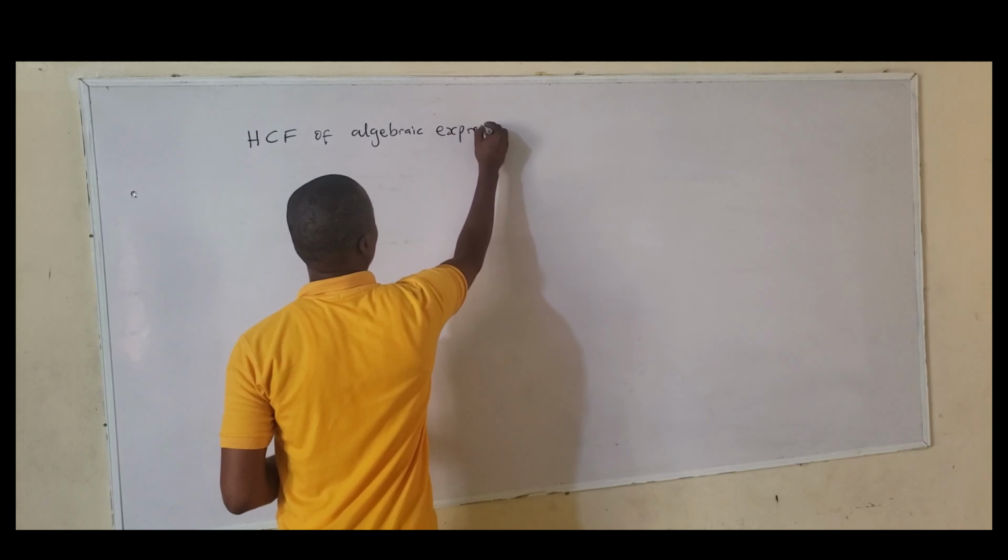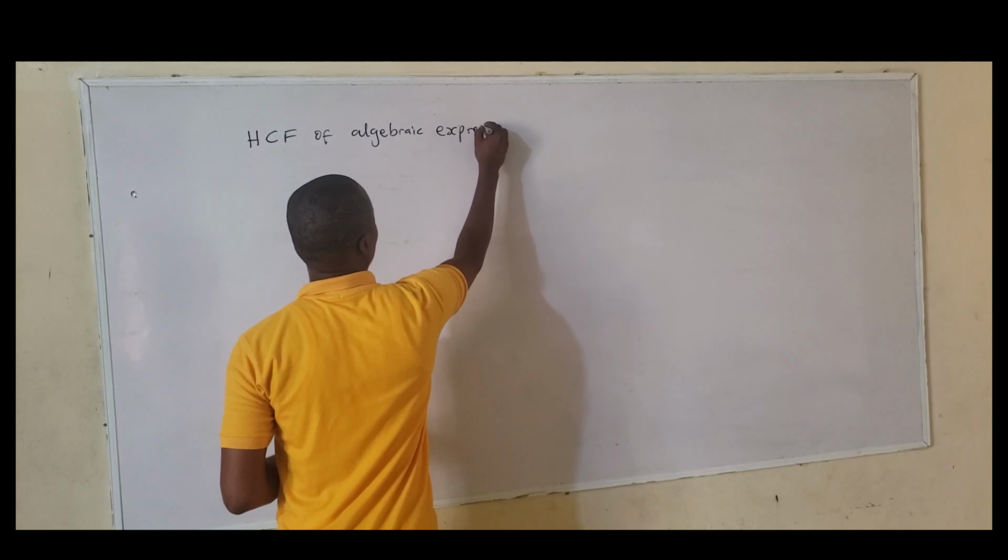Find the HCF of 3x and 2x squared y. Okay, 3x and 2x squared y. Let's have our solution.